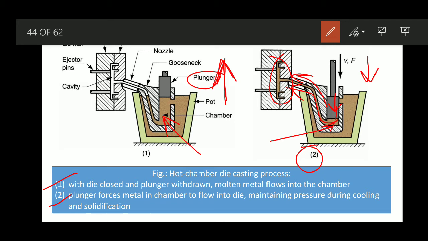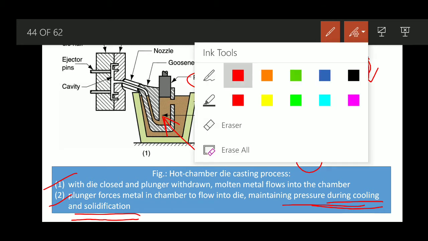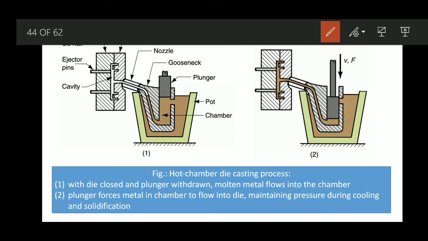Now during the whole process, for a certain amount of time, this position of the plunger is maintained. That means the pressure is maintained during the whole cooling and solidification time. That is important. We don't just push the molten metal inside and then make it retrace back.